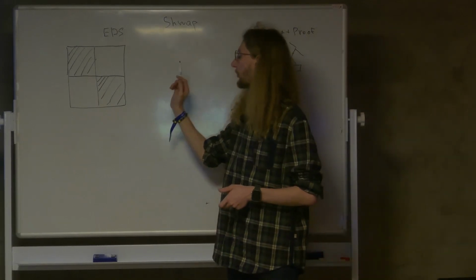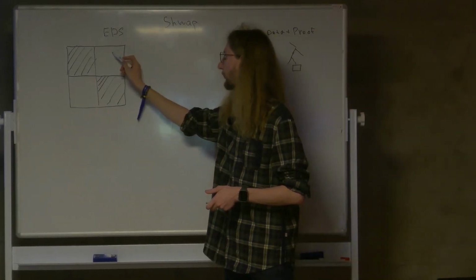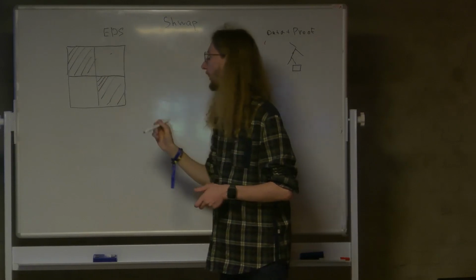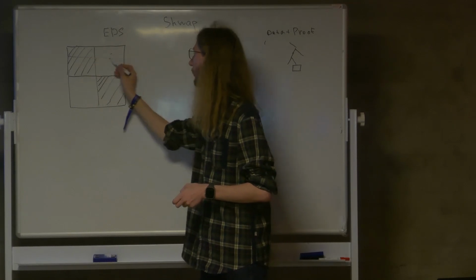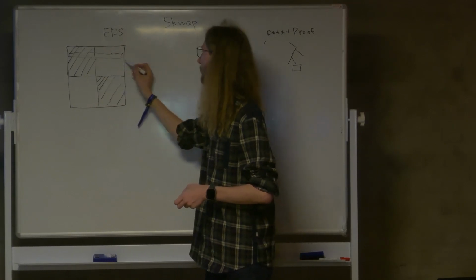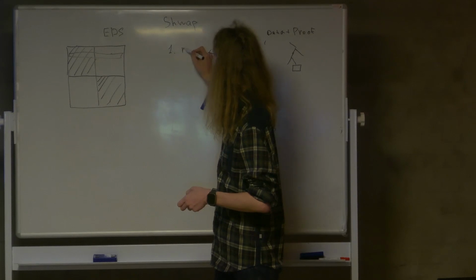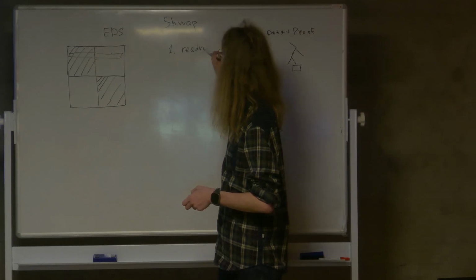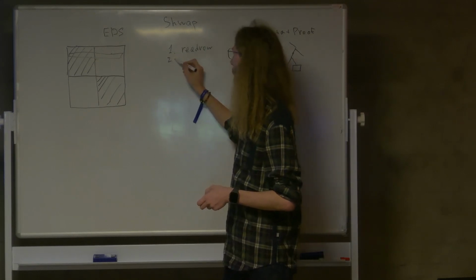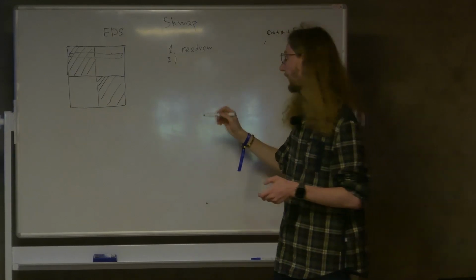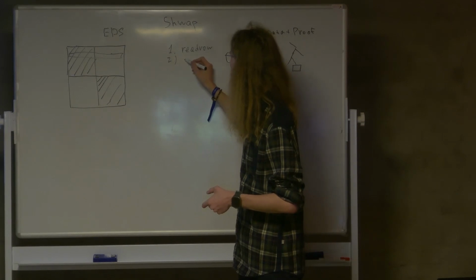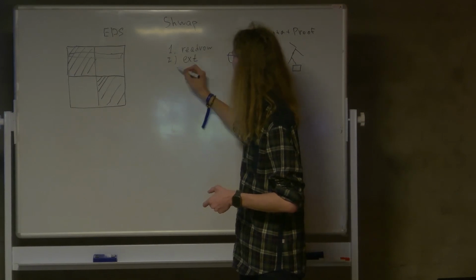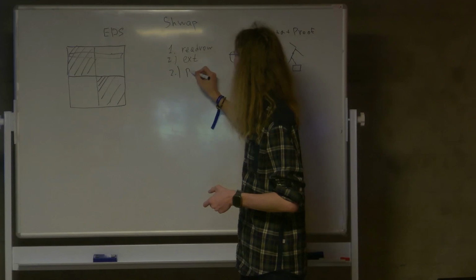For example, for samples from, let's say, the 2nd quadrant, it would need to read the first row. So first, it needs to read the row, then it needs to extend it with erasure encoding, and then it needs to build the proof.